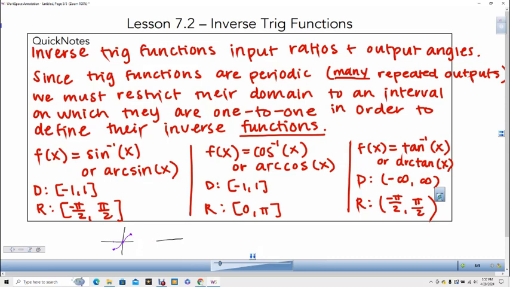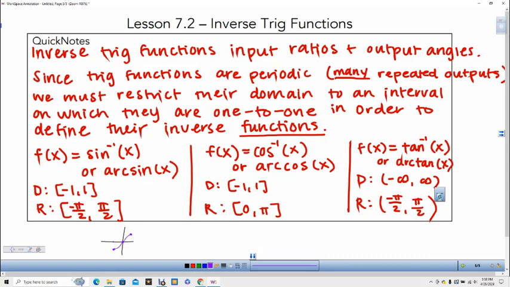We limit the domain of the sine function, the original function, from -pi/2 to pi/2, and that gets us something that's going to pass the vertical line test. It's also going to pass the horizontal line test. So that means that we're going to be okay with this having an inverse, and that inverse would also be a function.